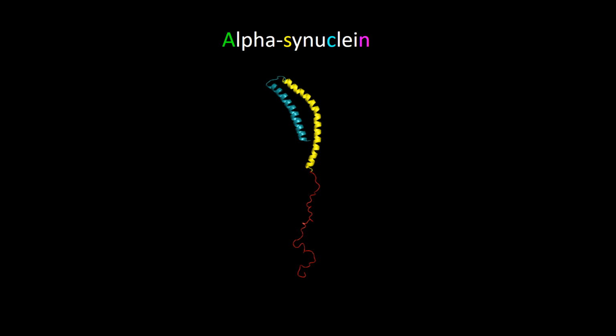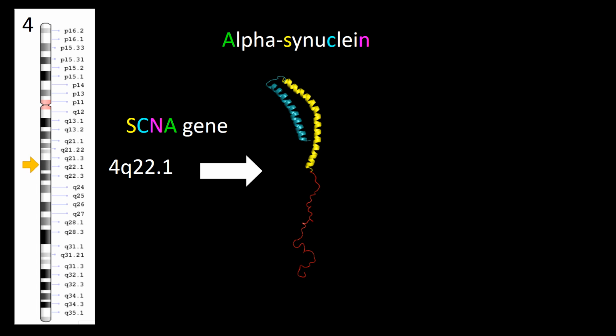Alpha-synuclein is a protein produced by the SNCA gene. Looking at the colors of the letters, you can tell what they stand for. The SNCA gene is located on chromosome 4, q22.1 locus.